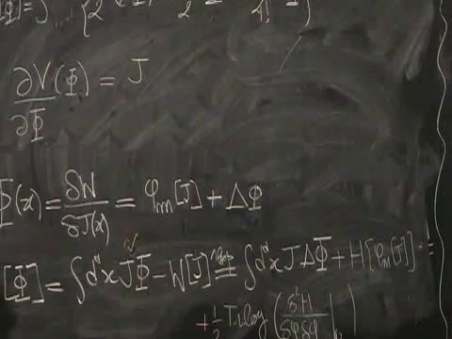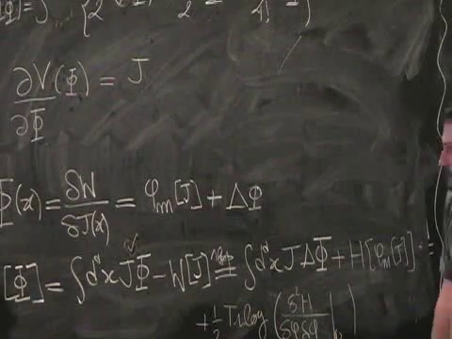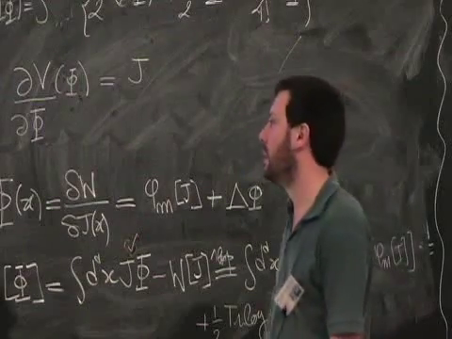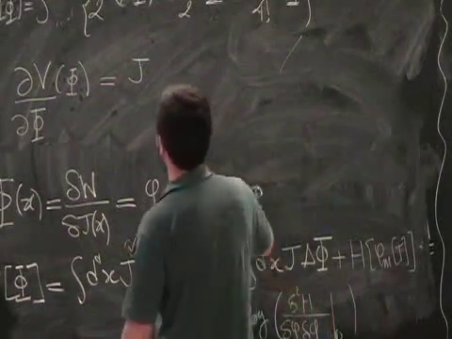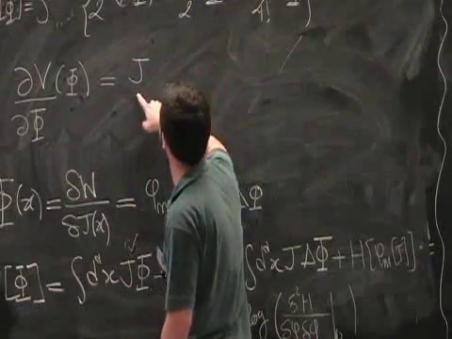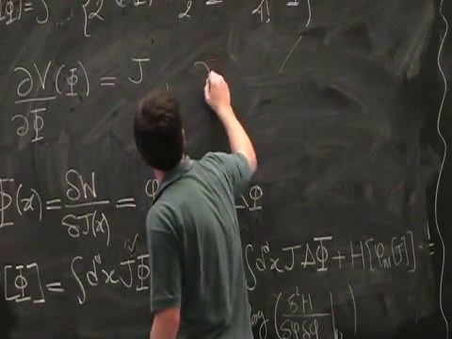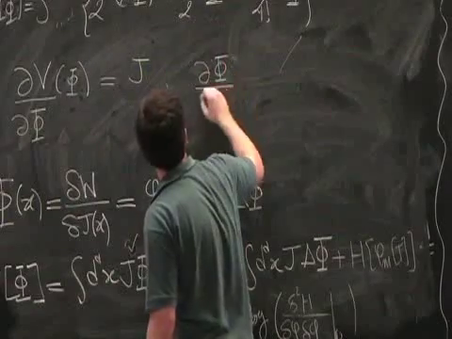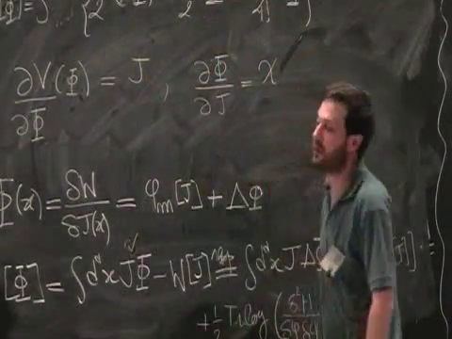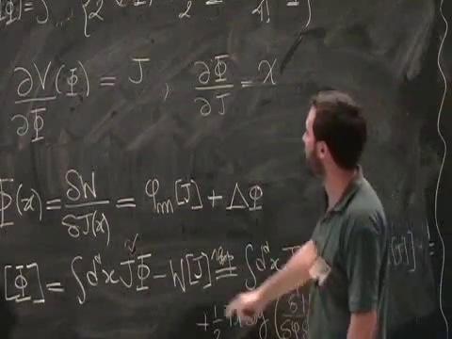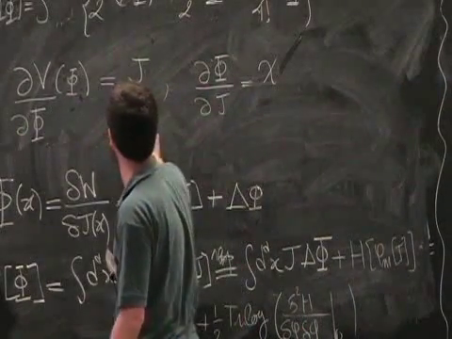If you take a derivative, the derivative of phi with respect to j is the susceptibility. So let's take a second derivative with respect to phi.